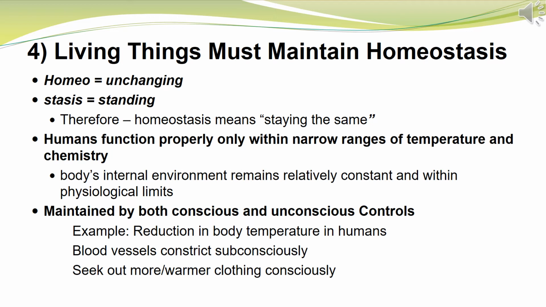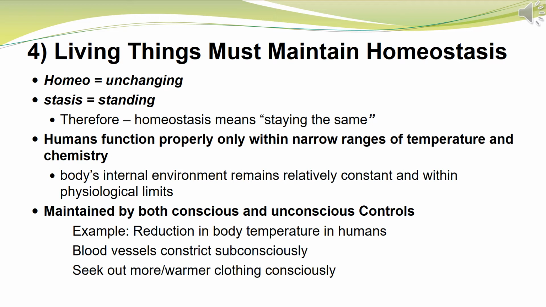An example of maintaining homeostatic chemistry would be to maintain a constant pH, which for humans and most other organisms is about 7. And this ensures that the body's internal environment remains relatively constant and within physiological limits.